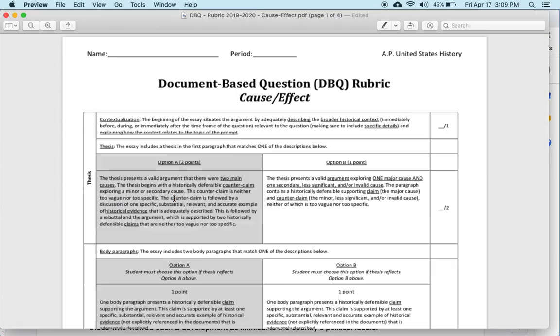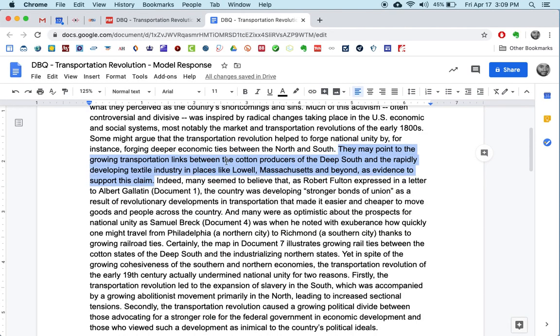I have satisfied this portion of the rubric that we use in class: having a historically defensible counterclaim, and following that counterclaim with one specific, substantial, relevant, and accurate example of historical evidence. That's the part that's highlighted there. Now I move on to another part.